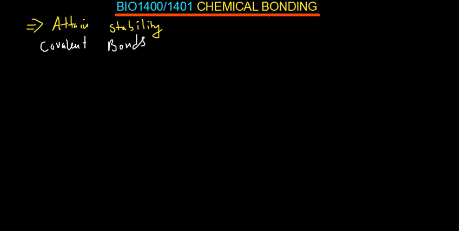Now, types of bonding, I've said we have got covalent bonds and non-covalent bonds. Yes, now there's a question. Now you can go on. It seems it's a mistake or something.